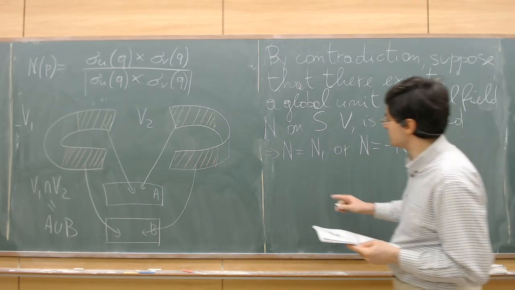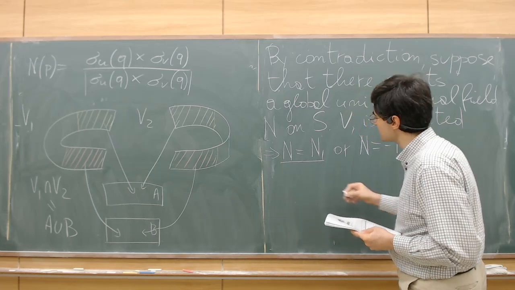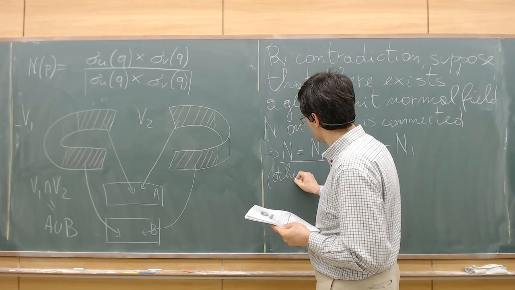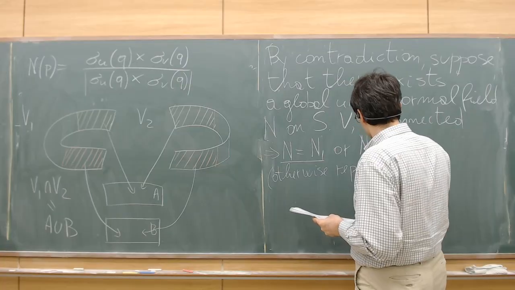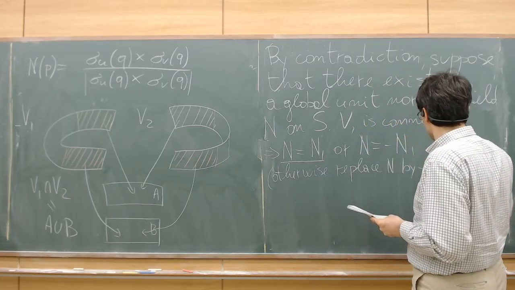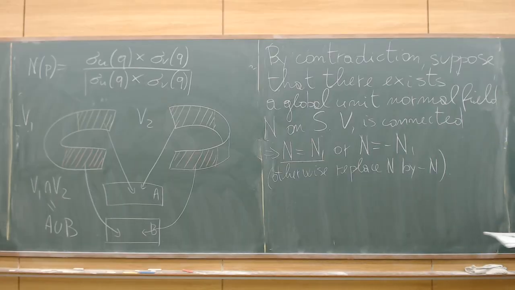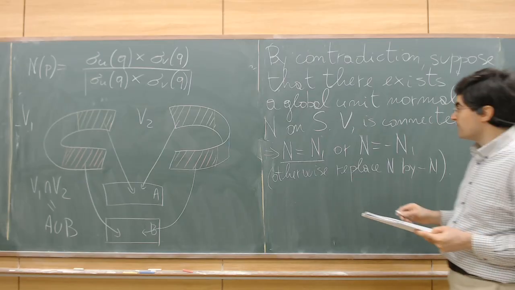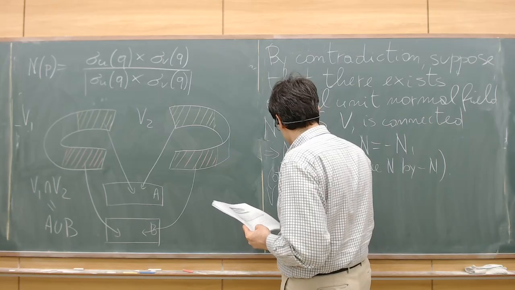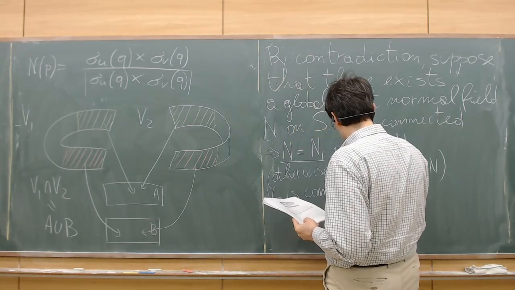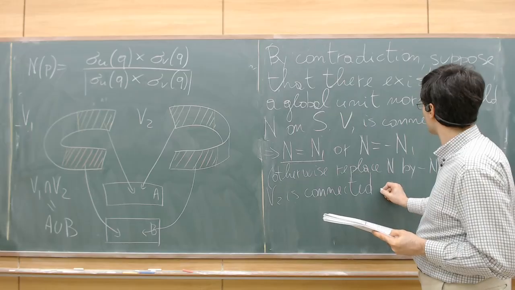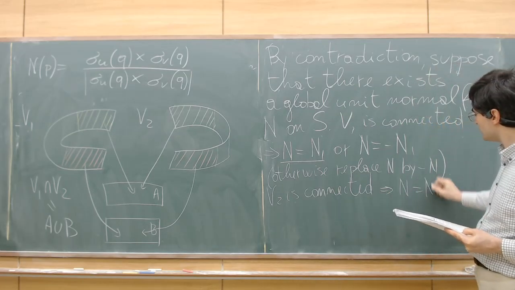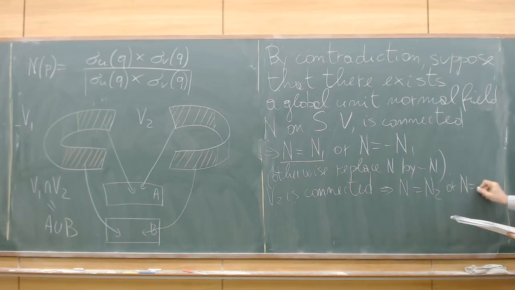We can suppose that this is true, otherwise replace N by minus N. Then since V2 is connected, then N is equal to N2 or N equal to minus N2.